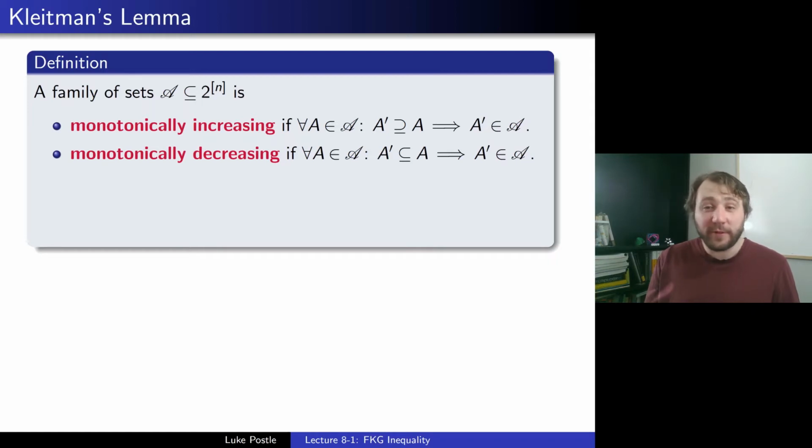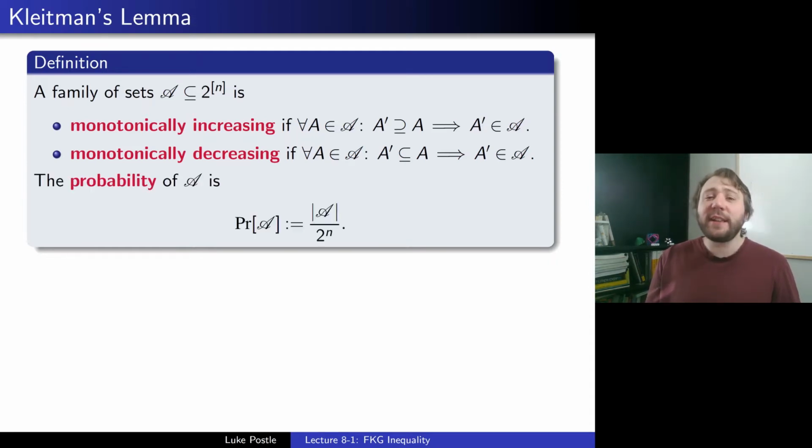So it's downward closed: all of your subsets are actually in the family as well. That's quite natural. And then we define the probability of the family to be simply its size over 2 to the n. If you think of a probability space that is uniform over all the possible sets, this is the probability that you'd be in the family.